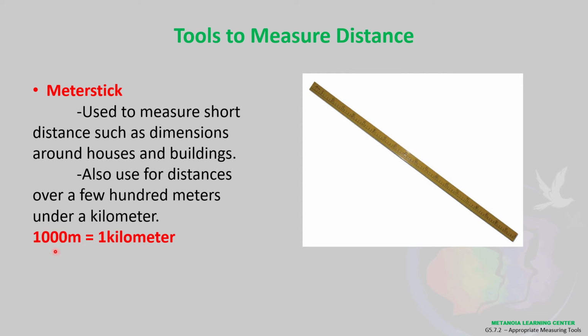So 1,000 meters is equivalent to 1 kilometer, which means if you have 1,000 of these, that's equivalent to 1 kilometer. Okay.